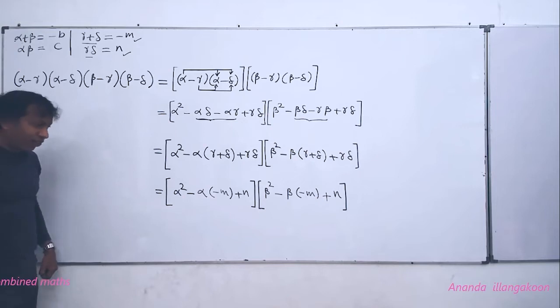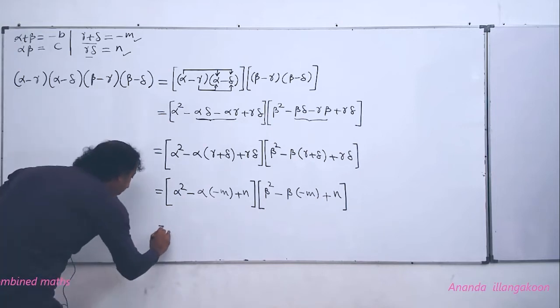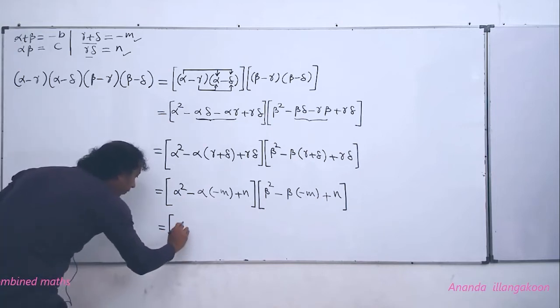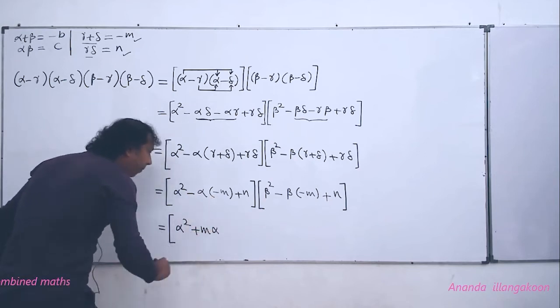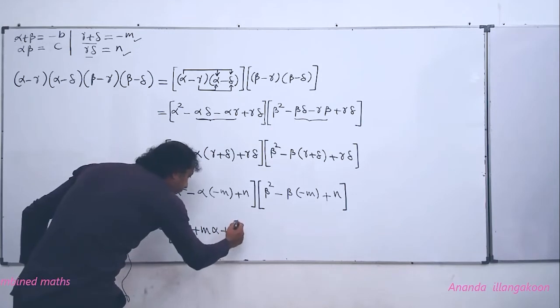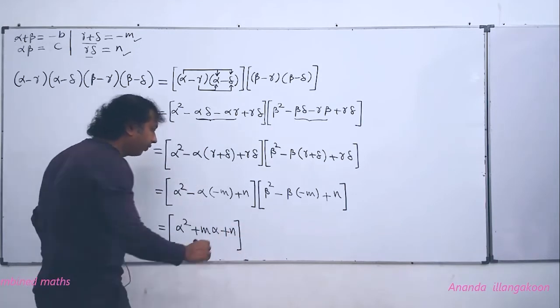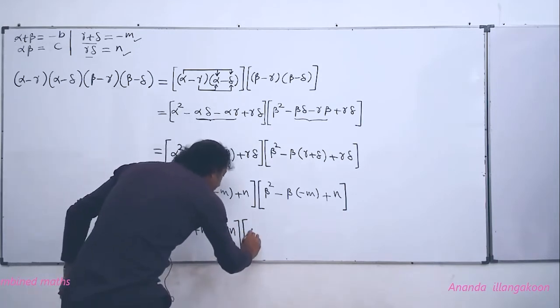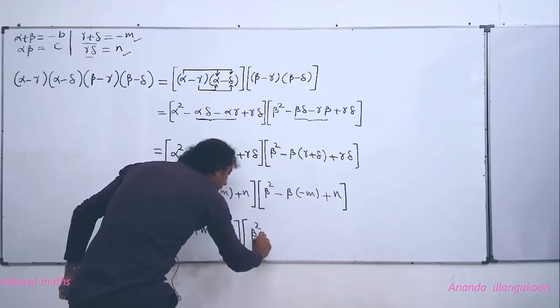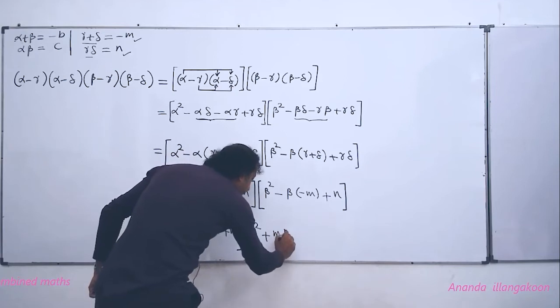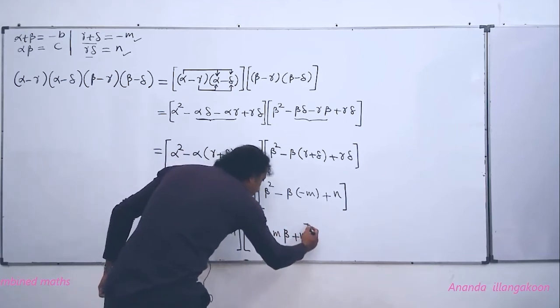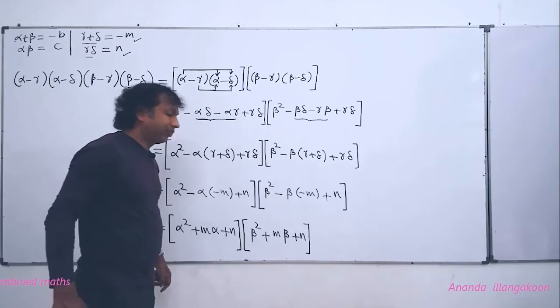Okay, now we'll simplify this. Alpha squared minus minus plus m alpha plus n. Okay, and this bracket beta squared minus minus plus m beta plus n. Okay.